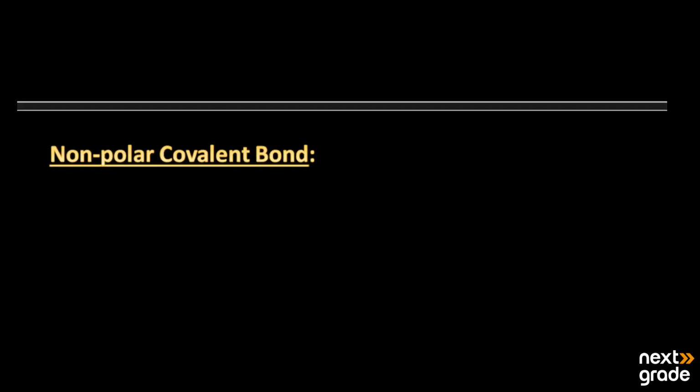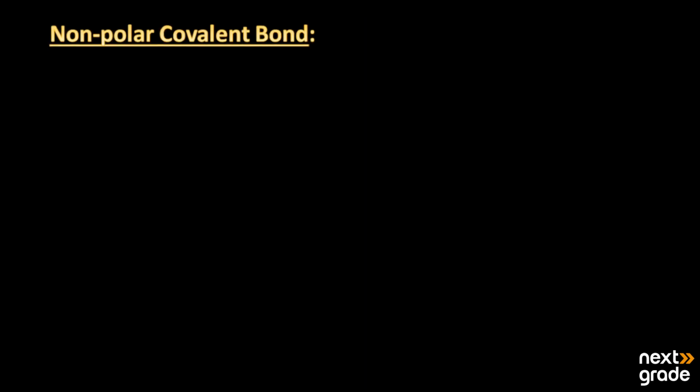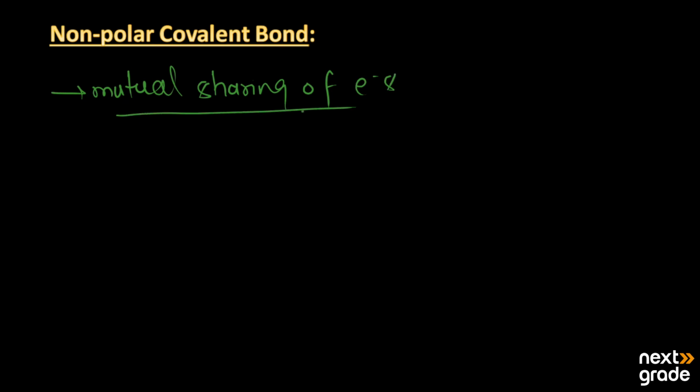Next we have the second type, that is the non-polar covalent bond. The non-polar covalent bond is always formed by the mutual sharing of electrons, and this bond will exist between two same atoms.